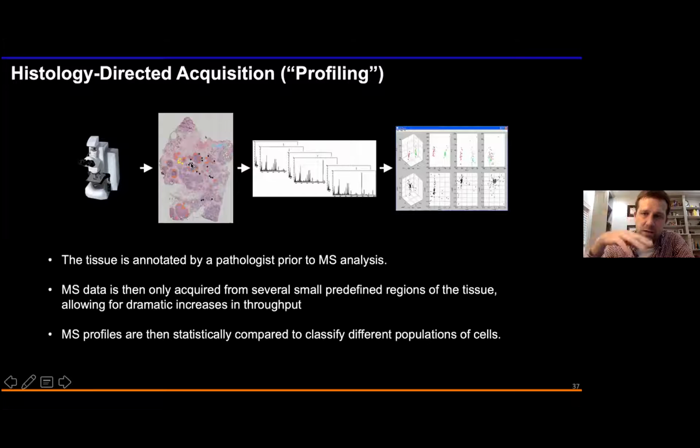So rather than imaging the entire tissue, we're just going to acquire data from select regions that the pathologist tells us are of interest. This may be cancerous, this is indeterminate. So we're just acquiring spectra from these regions. We can then do statistical classifications to compare the metabolic profile in this region to this region to say, okay, these are truly different cells, or maybe they're the same cell. And so that can allow us to classify regions of the tissue.